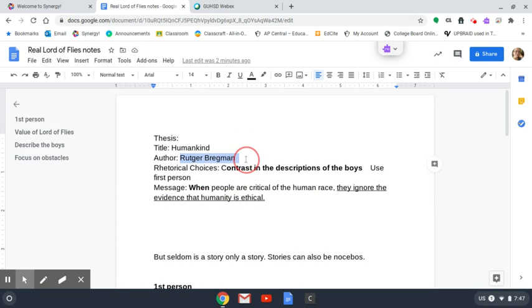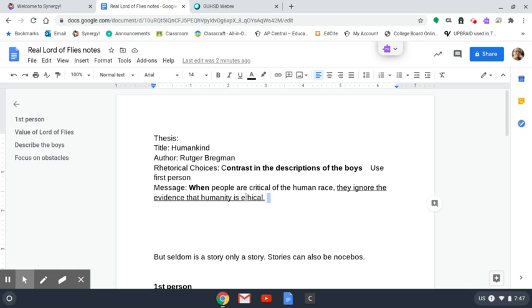Rutger Bregman uses contrast and first-person narration to prove when people are critical of the human race, they ignore the evidence that humanity is ethical, and does this in his novel Humankind. Okay, that one's a little bit awkward.